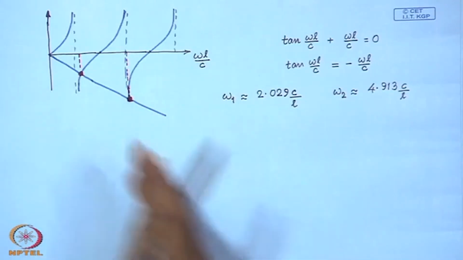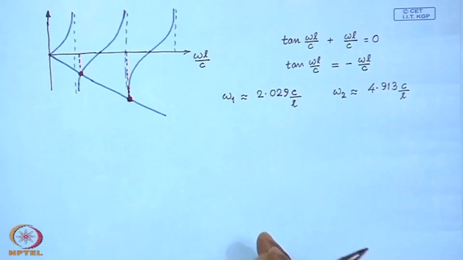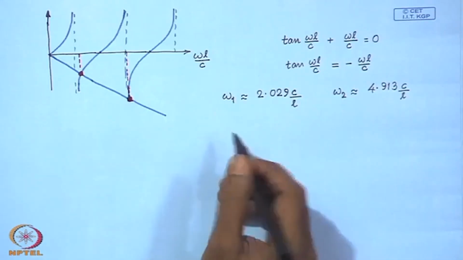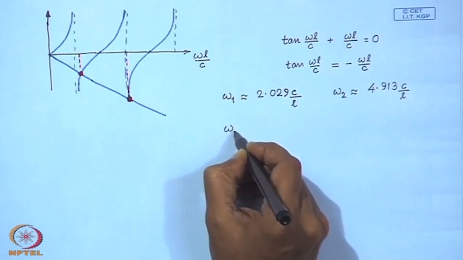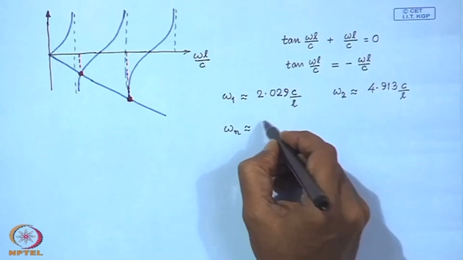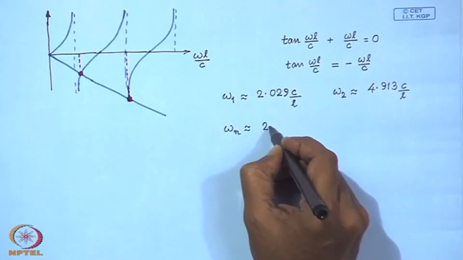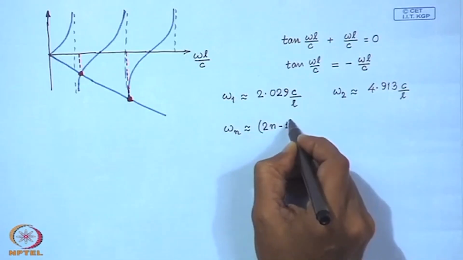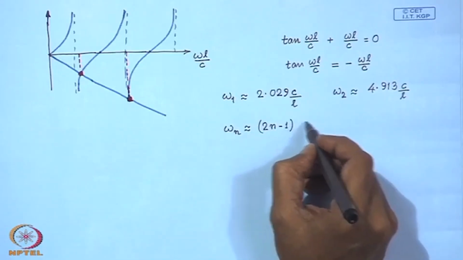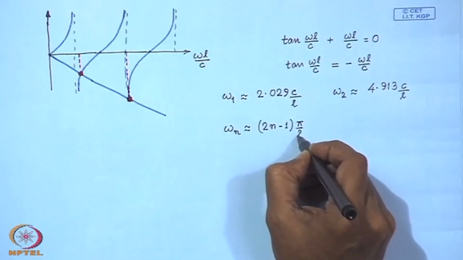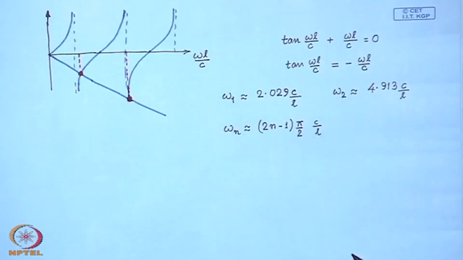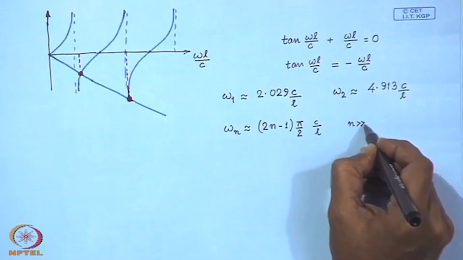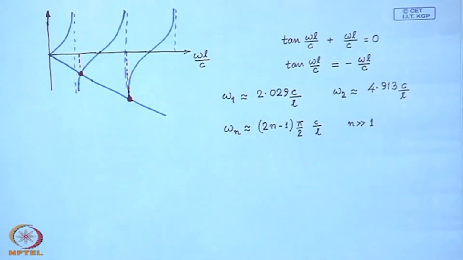So, there will be countably infinite solutions of this transcendental equation, and for higher intersections you have an approximate solution for n, for high values of n.